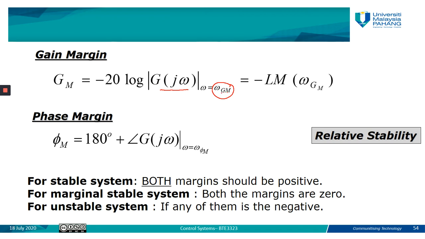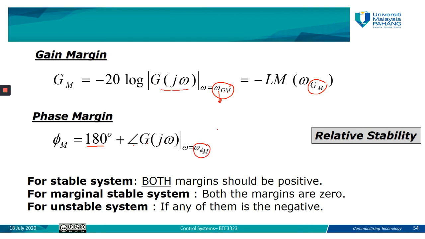We are going to see how to find this frequency. The phase margin equals 180 plus the angle of G(j omega) when omega equals omega phase margin.